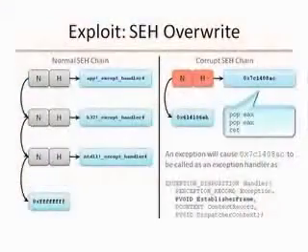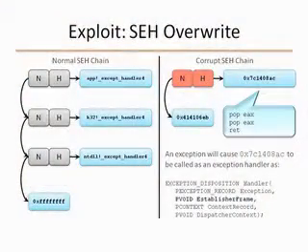This diagram provides a little more illustration of how this is traditionally set up. On the left-hand side, we have a normal SEH chain, which is a linked list. We have a couple of different entries for various exception handlers, and that linked list is terminated with a symbolic -1 for the next pointer, which says this is the end of the chain.